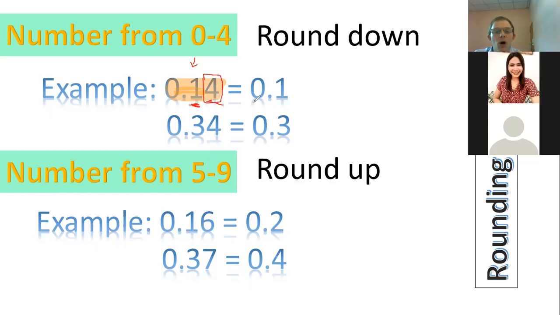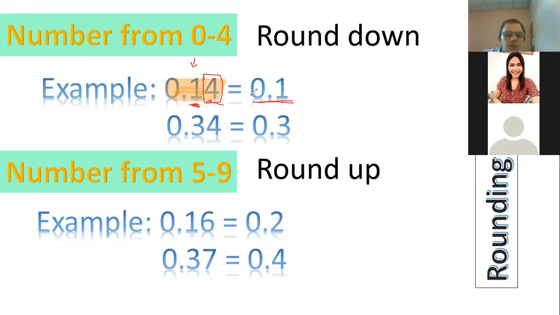Our answer will be 0.1. You can also put 0.10 if you want, but it's not needed because they say round to the nearest tenth, so it's only one decimal place.